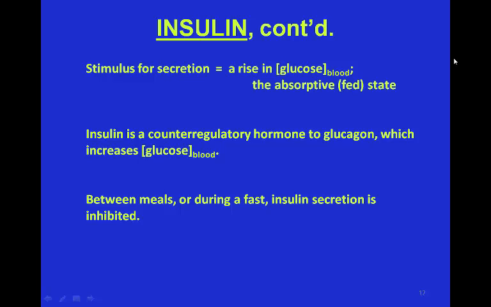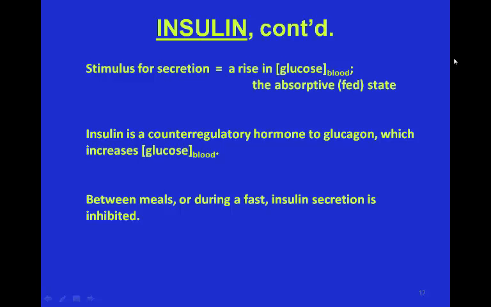There's another hormone that will be presented here in just a moment called glucagon. Insulin and glucagon are counter-regulatory to one another, which means that if one of them increases something, the other decreases it. So insulin is going to decrease the concentration of glucose in the blood, while glucagon increases it.